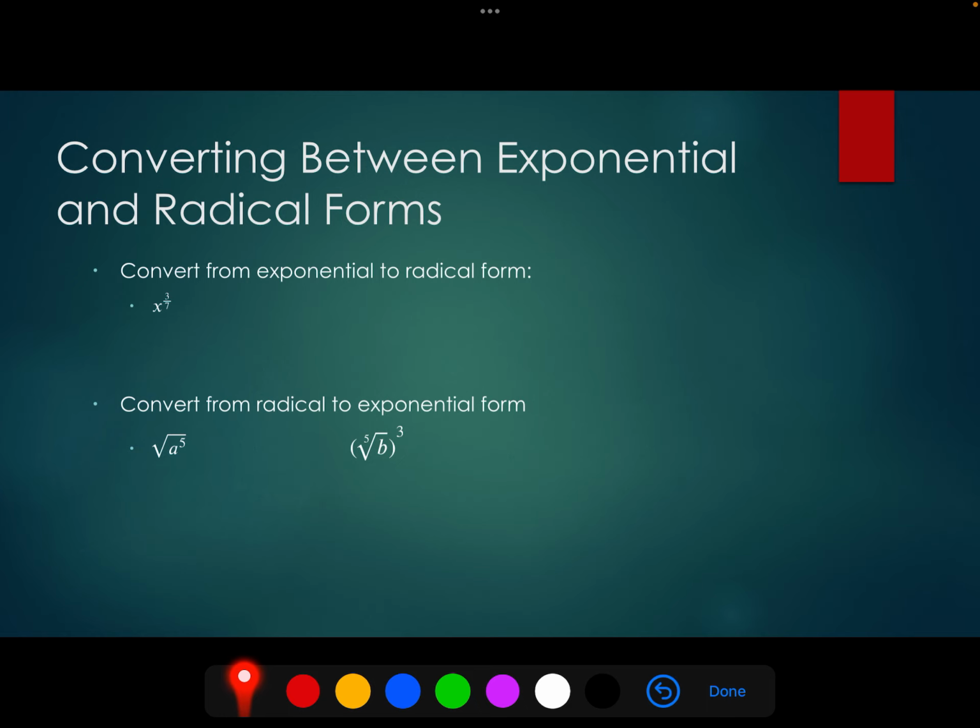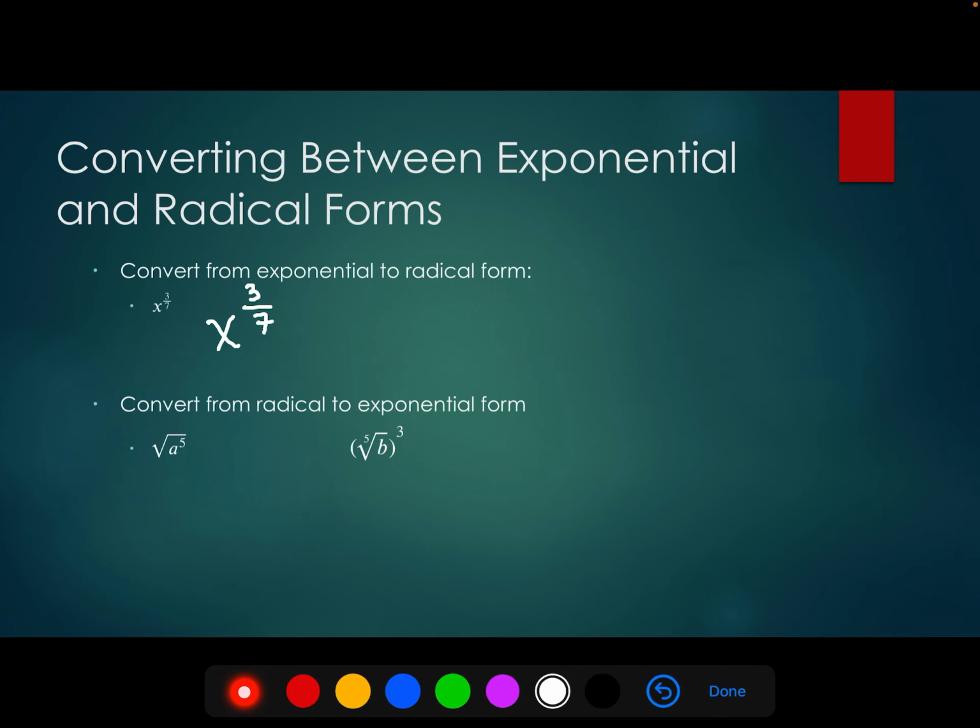So let's take a look at what we mean with some examples. So first, we want to convert from exponential to radical form. And here we have x to the power of 3 over 7. So let's just rewrite that a little bigger. x to the power of 3 over 7.